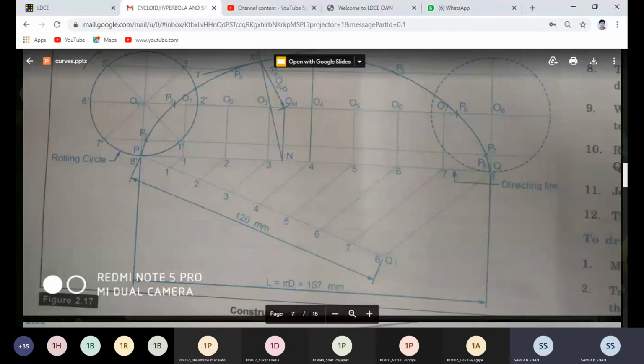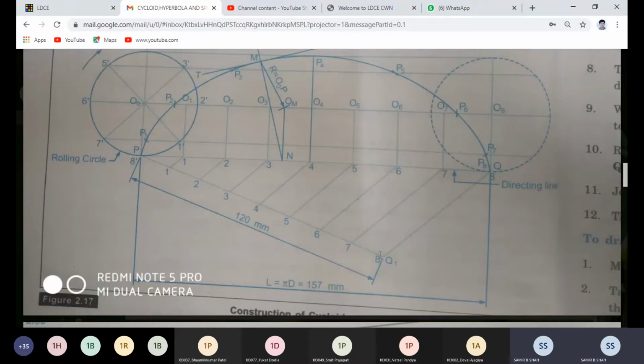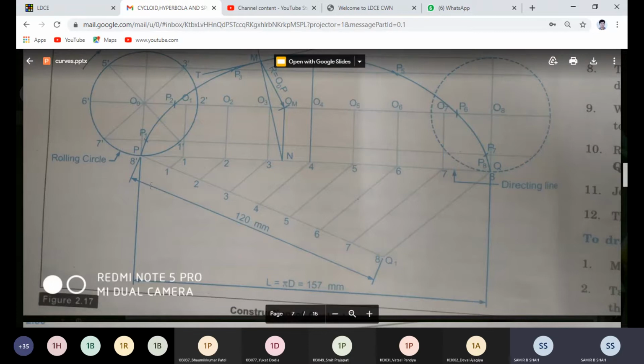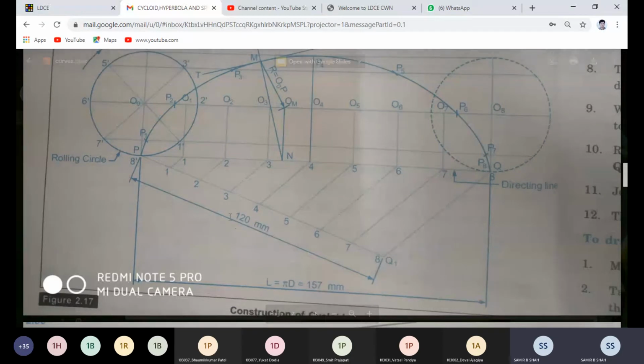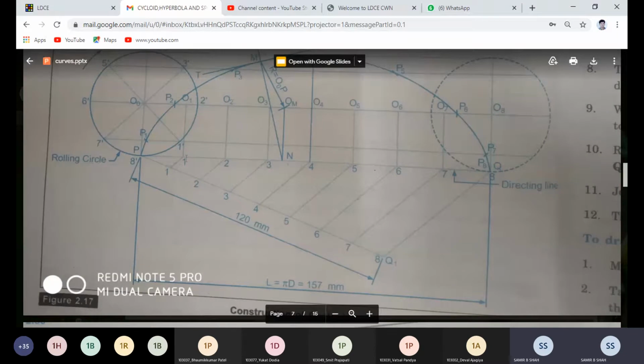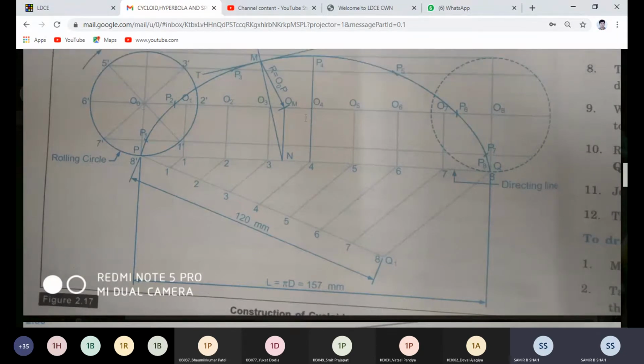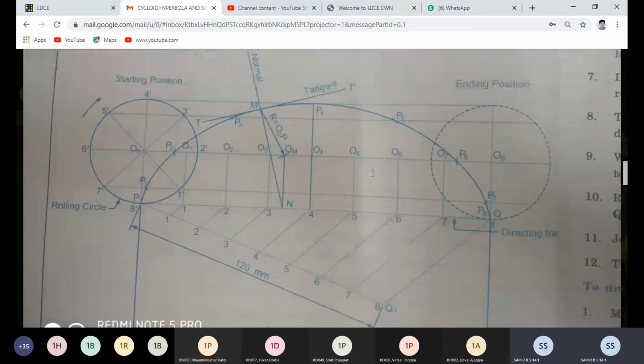Dividing 157 into 8 parts is not possible, so I create another line which can easily be multiplied by 8. So I draw 120 mm, divide the line into 8 equal parts, then extend that line to get all the centers like O1 to O8.